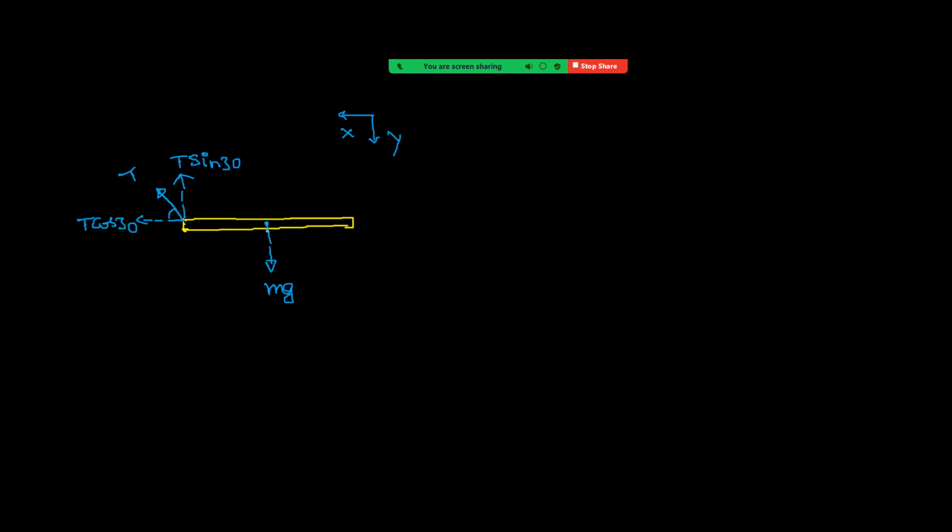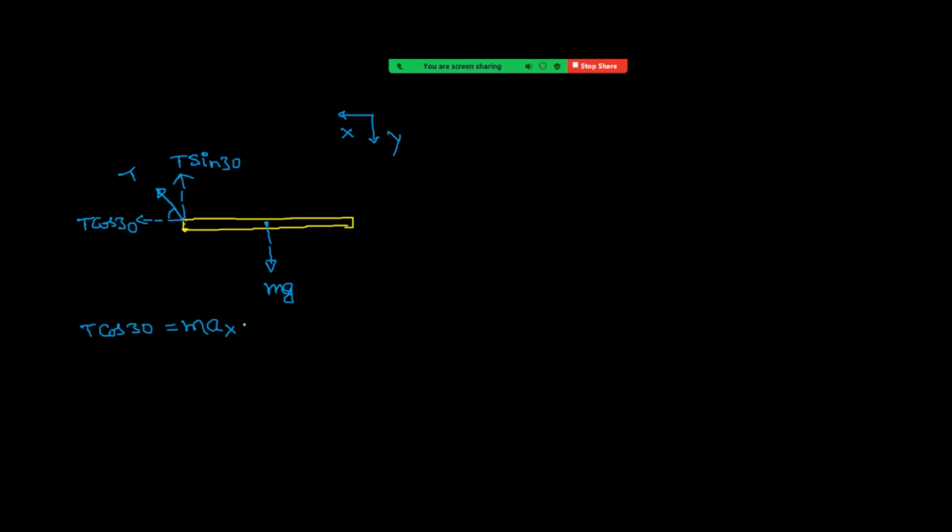Okay, let us focus now. First, the force equation for center of mass. Along the x-axis, we have the tension component, that is T cos 30. So writing the force equation along the x-axis: T cos 30 is equal to m into ax.